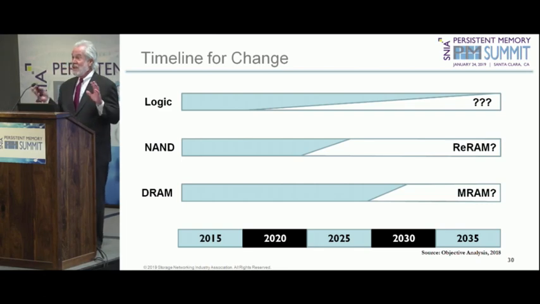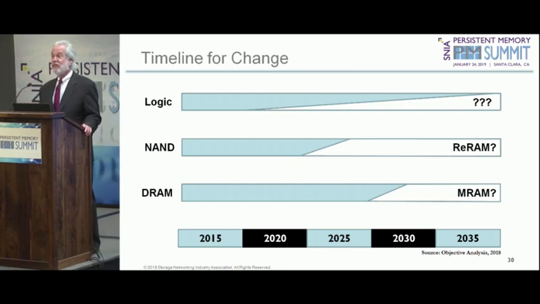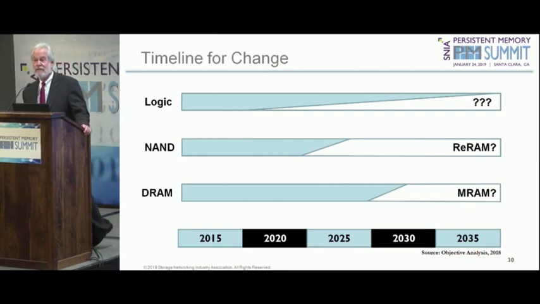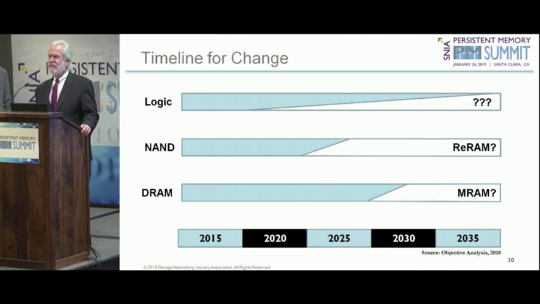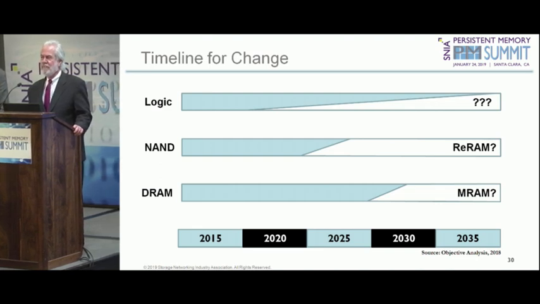But this is the vision that drove the forecast that Tom and I put together for emerging memory technologies. We decided that there was probably going to be a relatively slow transition for embedded memories.